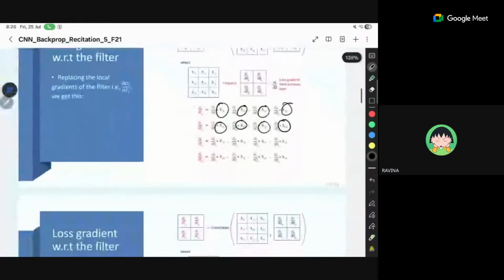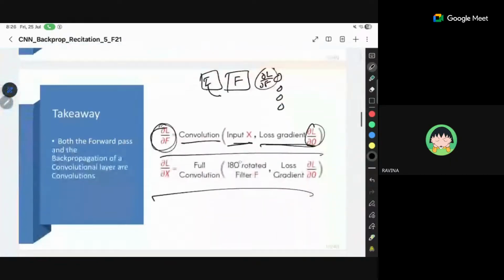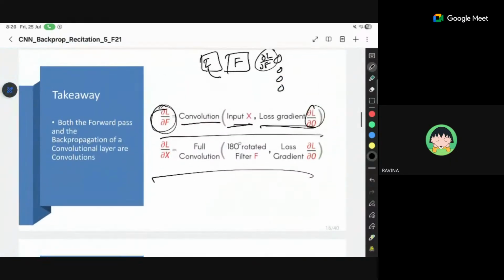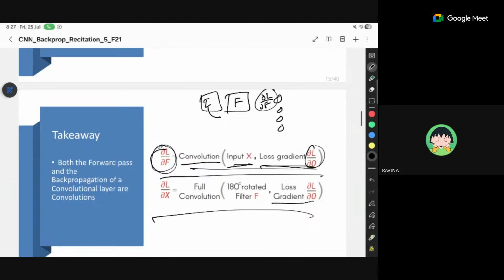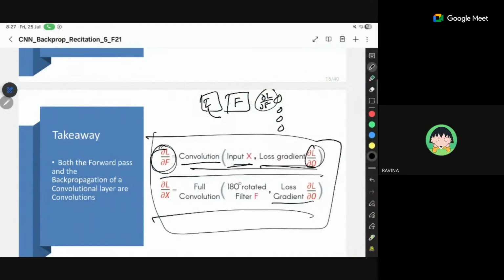Now if you wanted to do backpropagation, you do these operations: convolution with input X and loss gradient, or full convolution of the 180-degree rotated filter and loss gradient. That is the same thing. So the operations we wanted to do for backpropagation you can get from this part. This is the easier form of that.